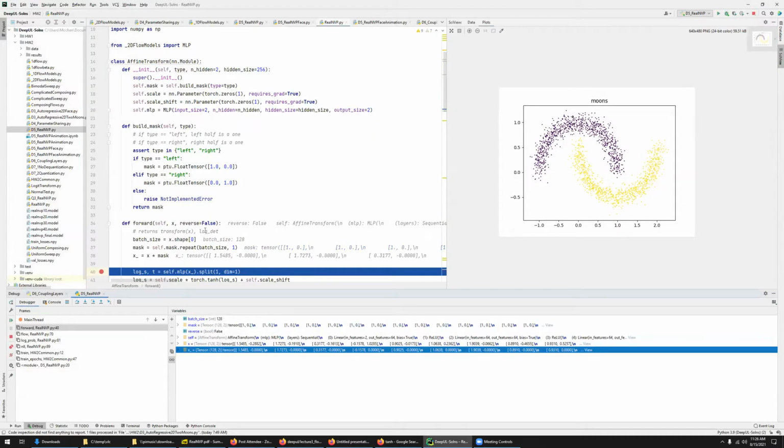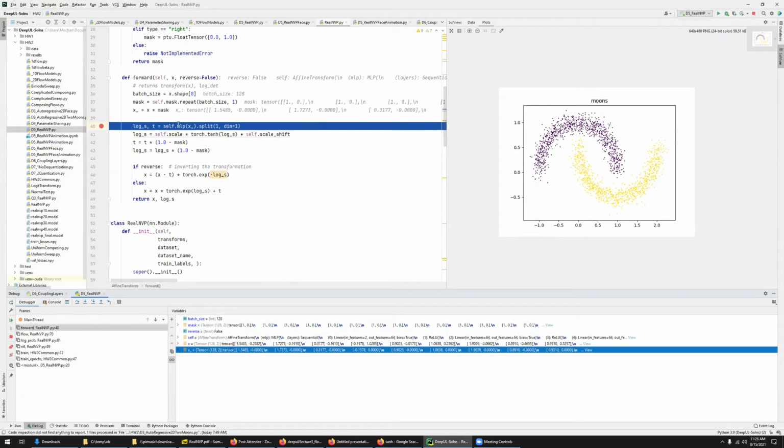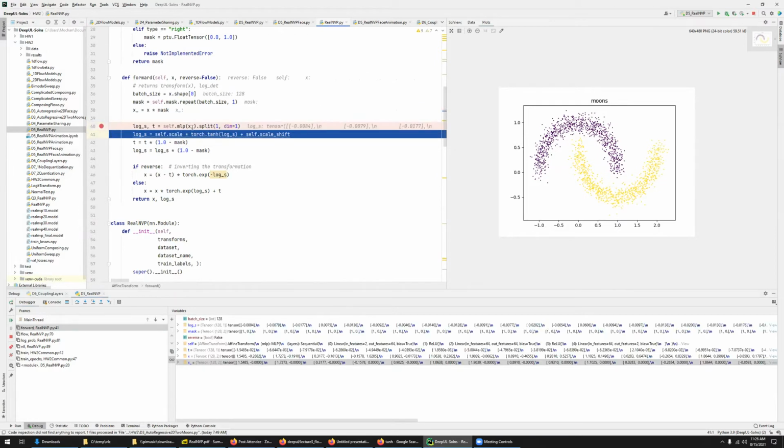What this one does is, there's an extra MLP. So all of the X's go into the MLP, and it produces log S and T. Again, X is the masked values, so half of it is 0, half of it is the data.